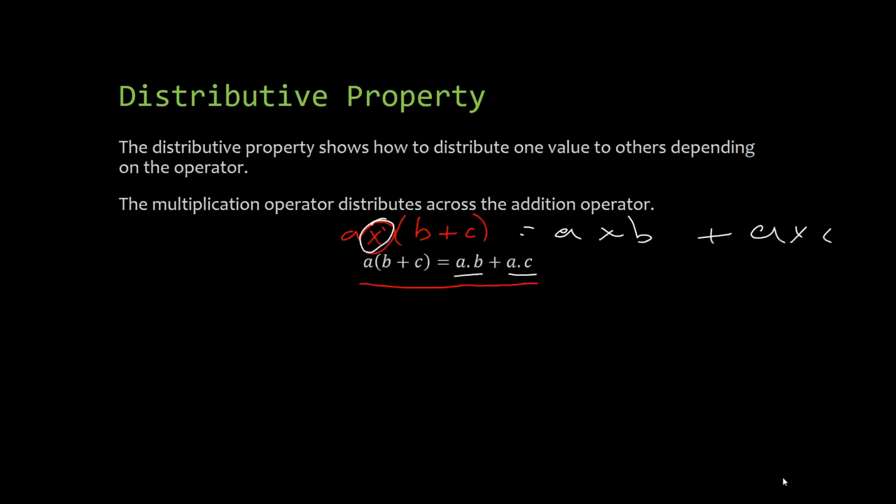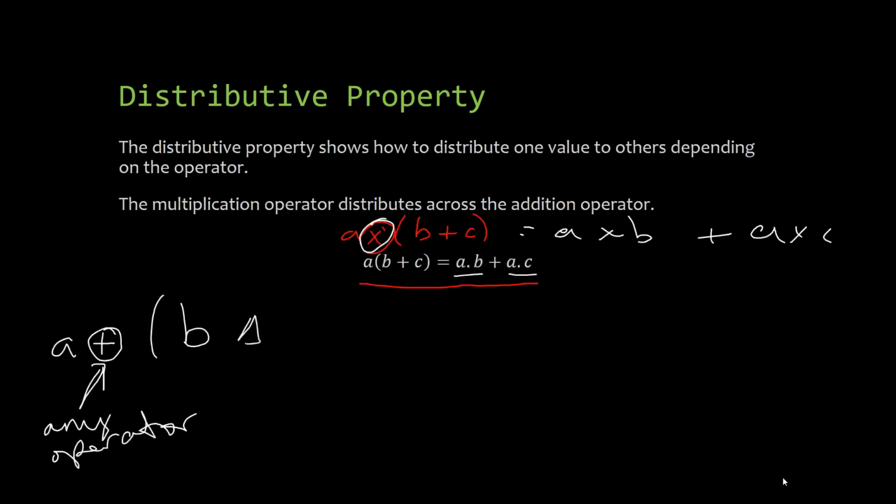We can consider operations as distributive if they hold to this rule. If a general number A operates, and I'm using this symbol to represent any operator, so any operator, you could replace that symbol with it, on open bracket B operating on C, and this here also represents any operator.